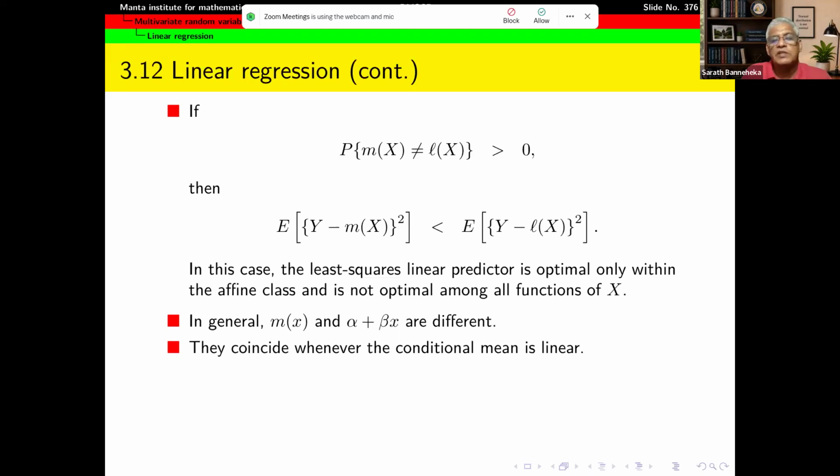They coincide whenever the conditional mean is linear. So if the conditional mean is a linear function of x, in that case, the least squares predictor and the conditional mean are the same. In that case, the least squares predictor is the best among all possible predictors of y as a function of x.